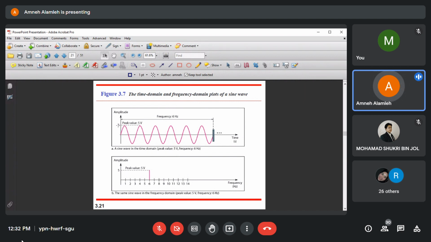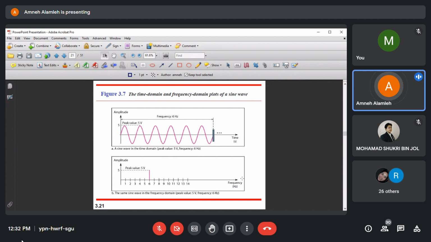A sine wave in the time domain: the peak value, or the amplitude, is 5. Frequency is 6 hertz. And this is the time axis. How can it be represented in the frequency domain? It is so simple.